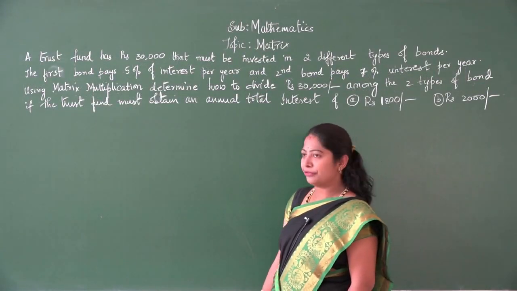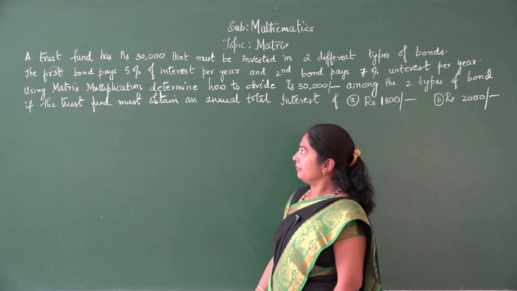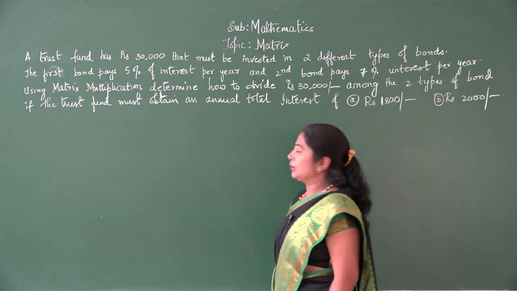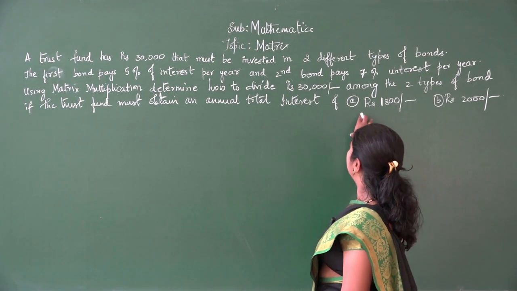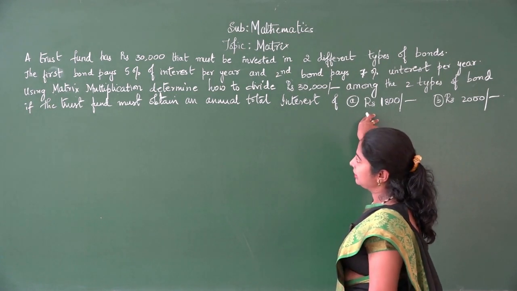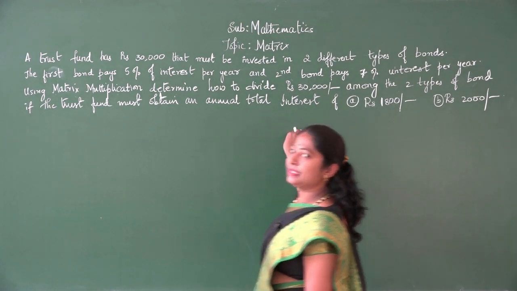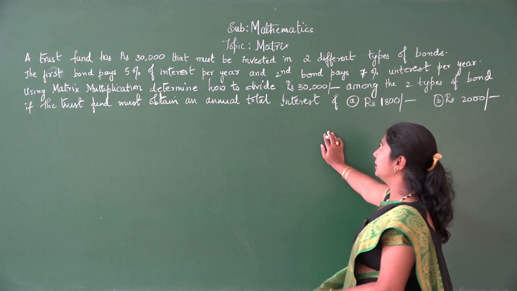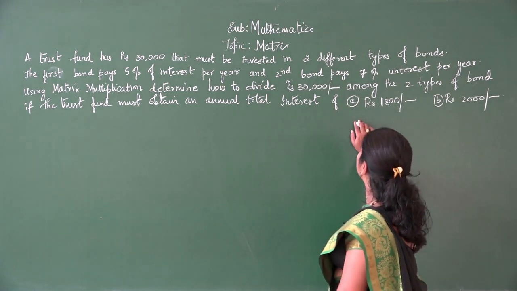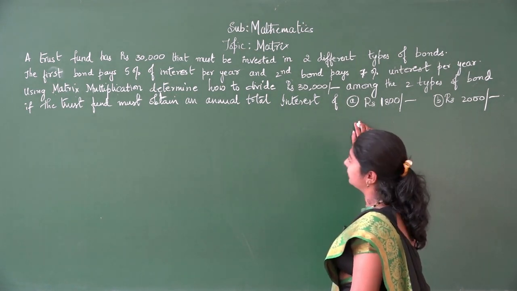Moving on to the next part of the problem, we have a trust fund has rupees 30,000 that must be invested in two different types of bonds. The first bond pays an interest of 5% per year and the second bond pays an interest of 7% per year.